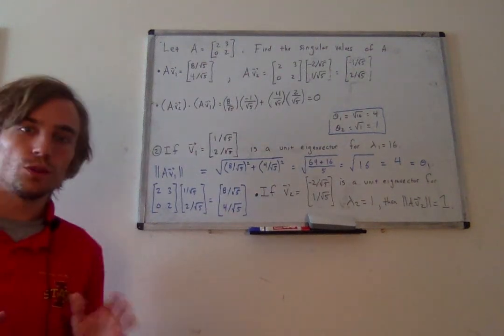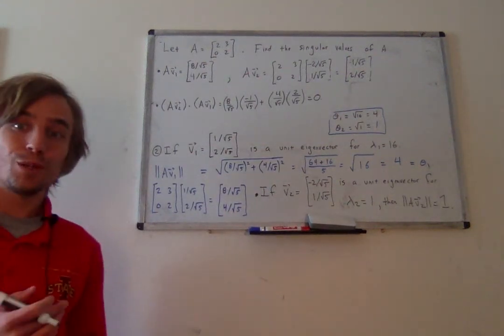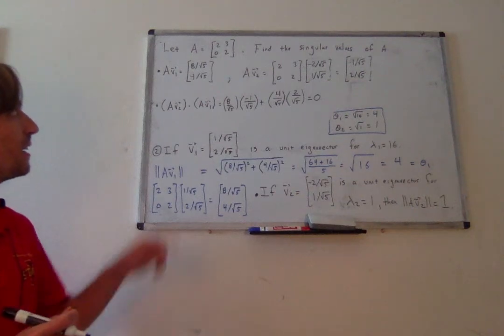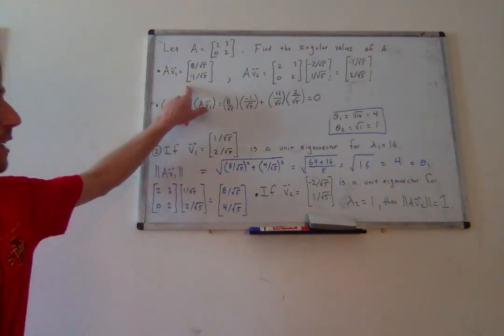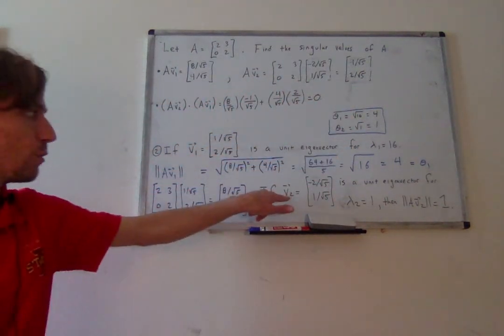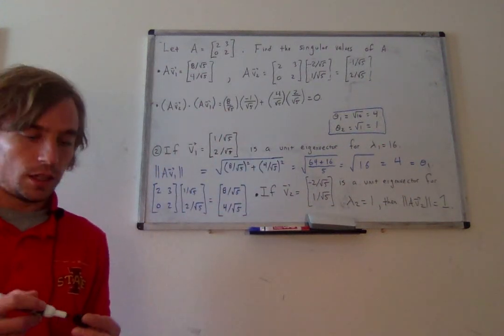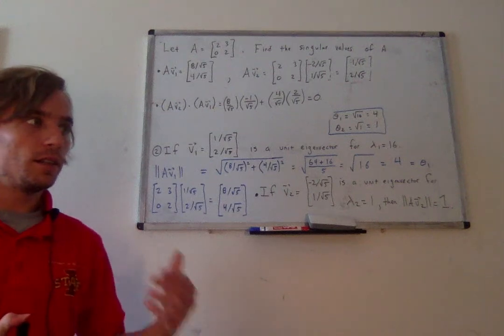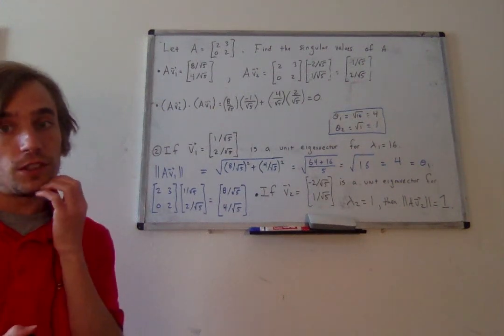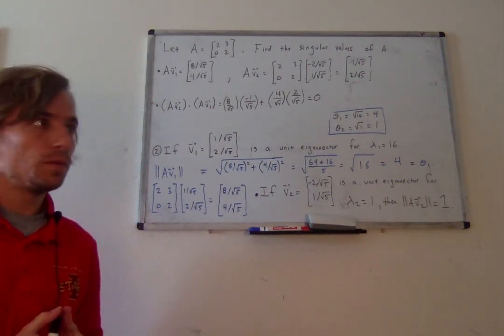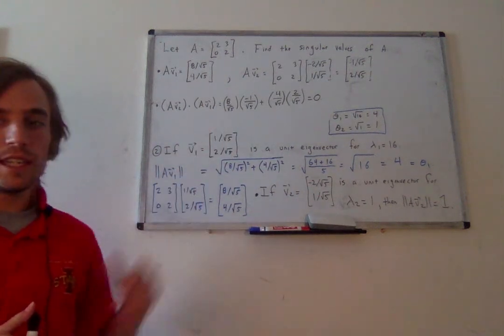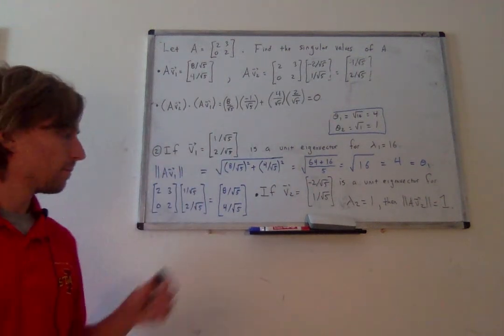So barring a few arithmetic mistakes, and I do apologize for that, this is the correct value of A times V1. This is the correct value of A times V2. Notice they're orthogonal. And as we'll see in the beginning of next video, this actually isn't a coincidence.